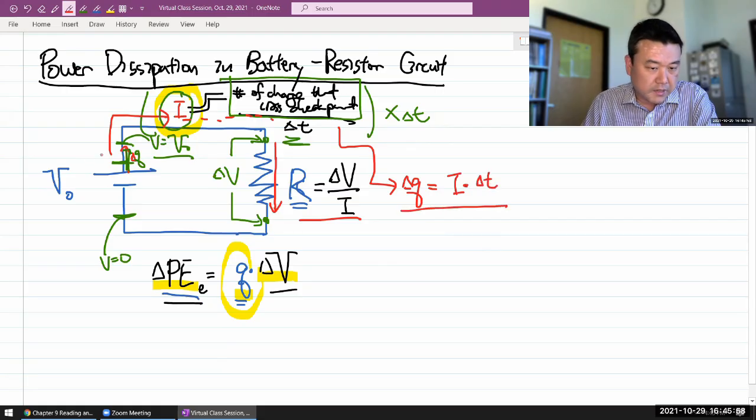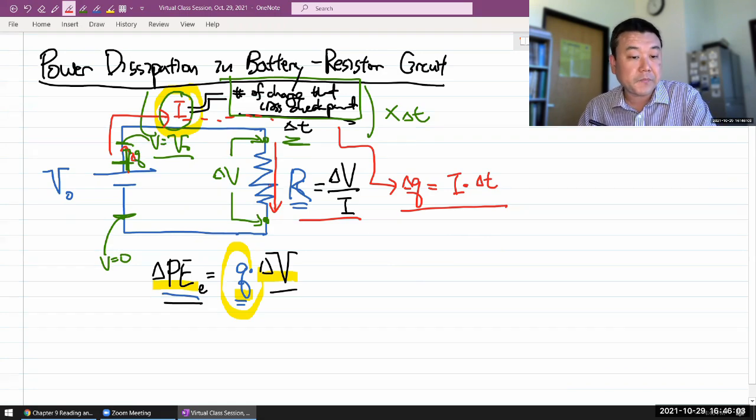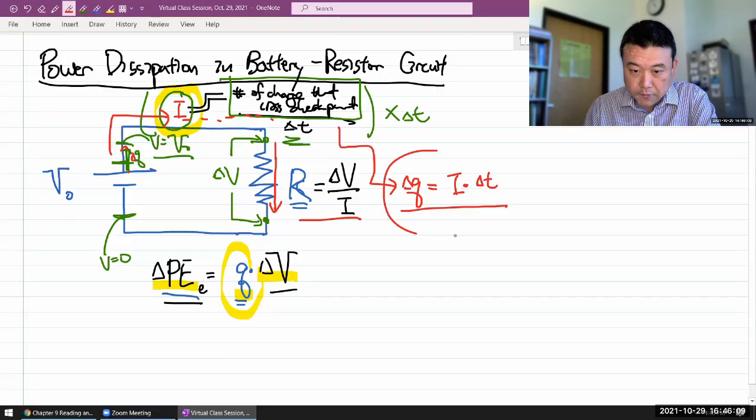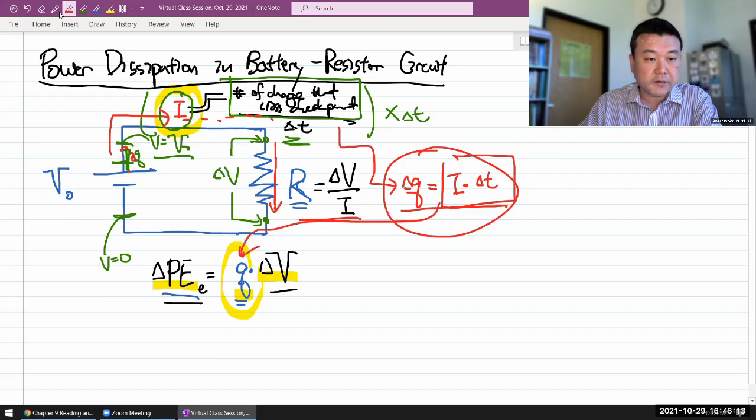So, in this battery resistor circuit, if you are looking at what is the change in potential energy or some kind of change in energy, we can say, oh, I have this expression for amount of charge. Let me put this in for the charge here. Then we get this: the current times delta t.